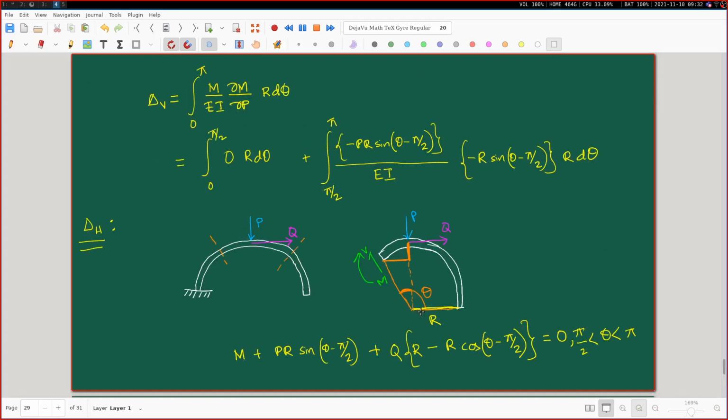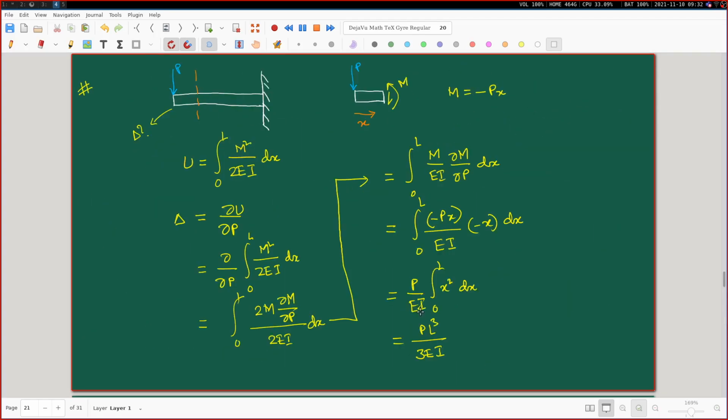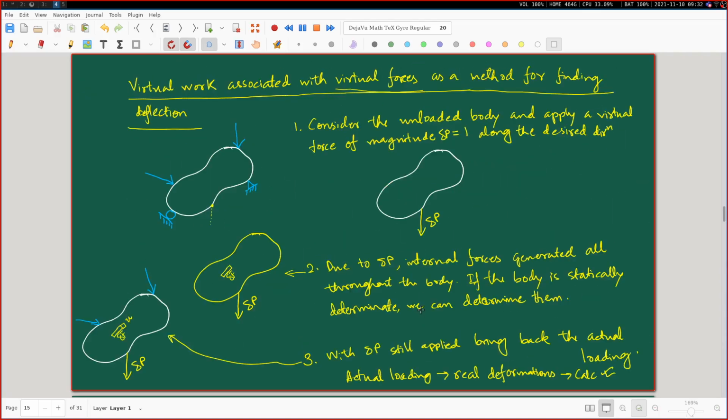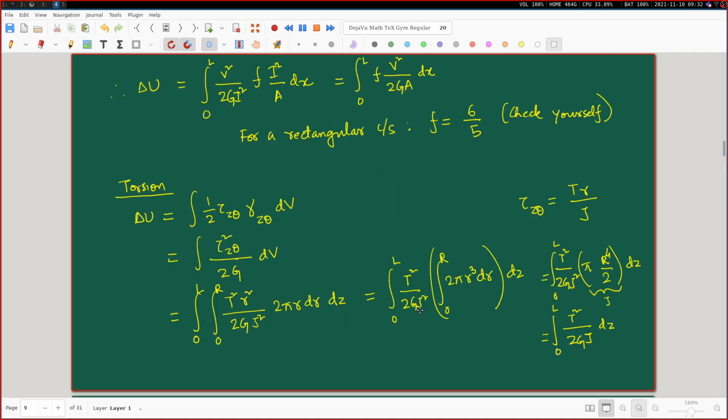Just to refresh your memory, let me see if I have the expressions earlier written down. You have to go back a little bit before. See, associated with torsion, I had this expression, integration 0 to L T square by twice G J dx, all along the shaft.